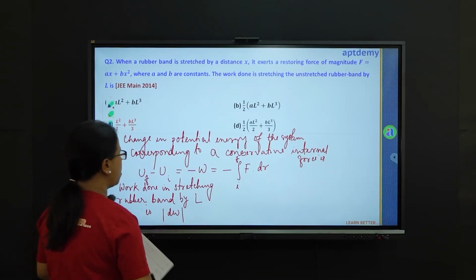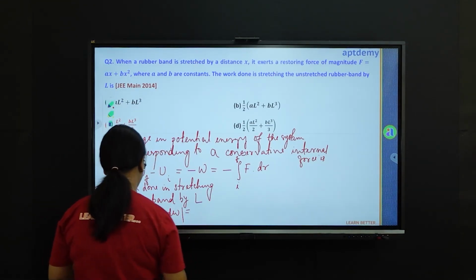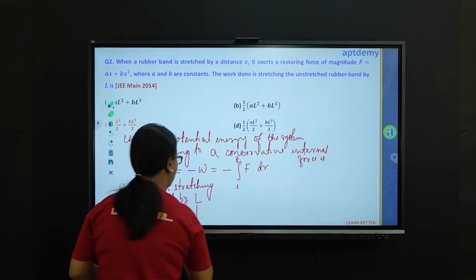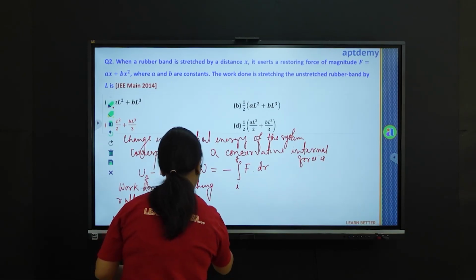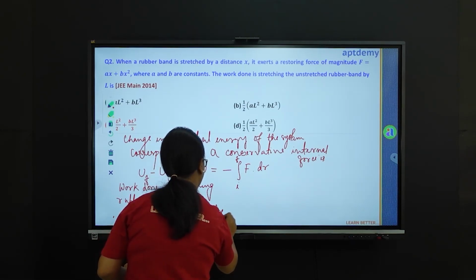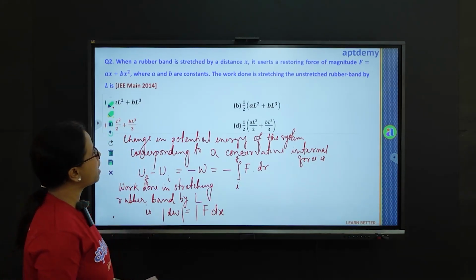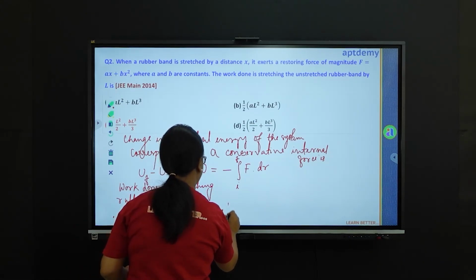We shall go for the magnitude only, we shall ignore the sign, and this is equal to the integral of the magnitude of F dx. The distance r is assumed to be x as per the question. So this is what we need.